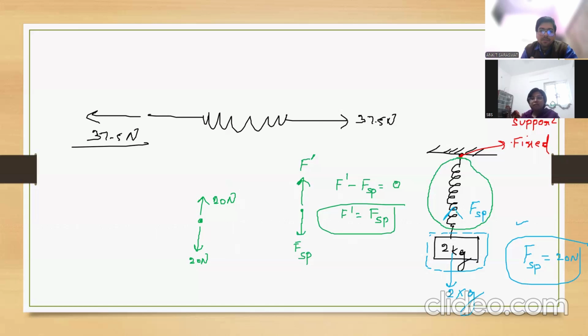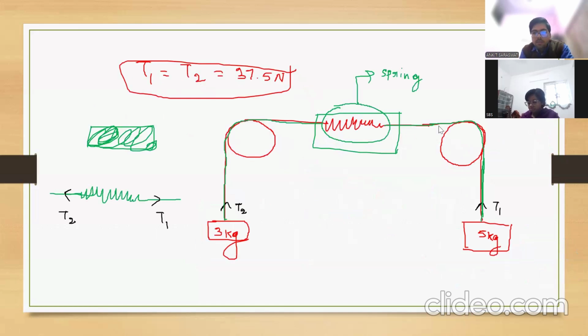Understood? Any doubt? Okay. Now, same question: in our case, if you look at this spring balance, one force is 37.5 Newton and one force is 37.5 Newton like this.